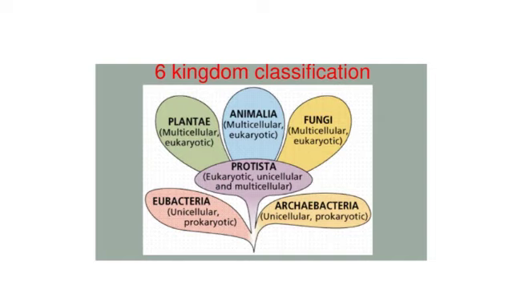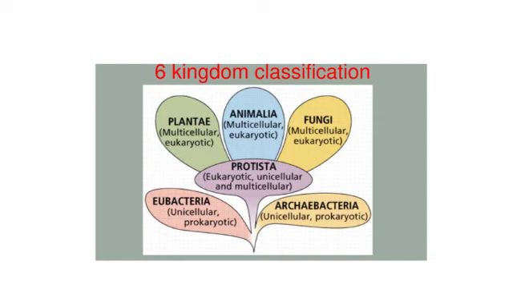The simplest option was to divide the kingdom Monera of the 5 kingdom classification into 2: kingdom Eubacteria and kingdom Archaebacteria. So the 6 kingdoms are Plantae, Animalia, Fungi, Protista, Eubacteria, and Archaebacteria.